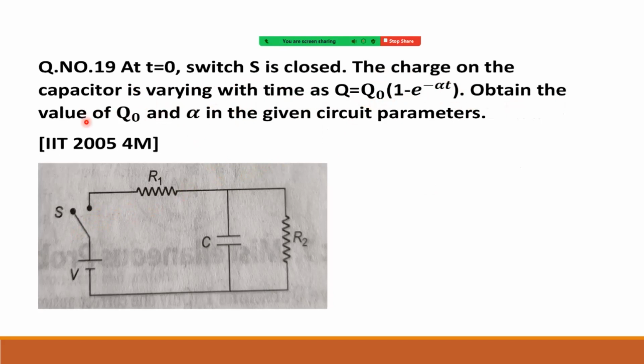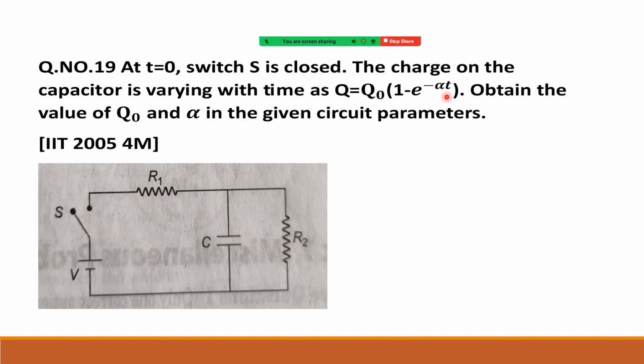Obtain the value of Q naught and alpha in terms of the given circuit parameters. Right. So first of all, focus on what is given here. Given R1, R2, it is closed.